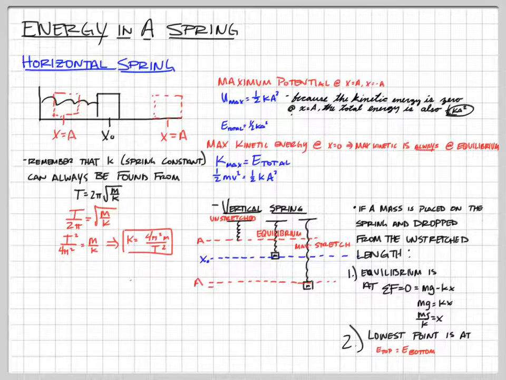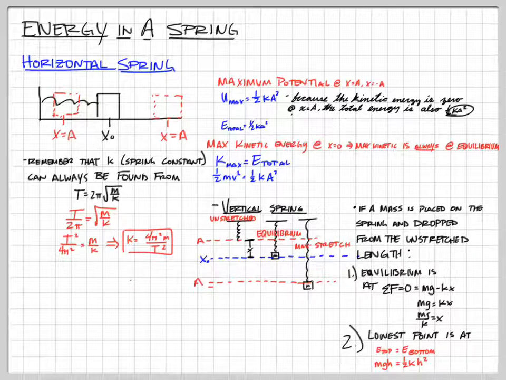And at that bottom spot where it turns around and comes back, we set those two equal to each other. So we have gravitational potential energy equal to the stretch of the spring, or the spring potential energy. And so by solving these two equations, you can find the amplitude and that lowest point.